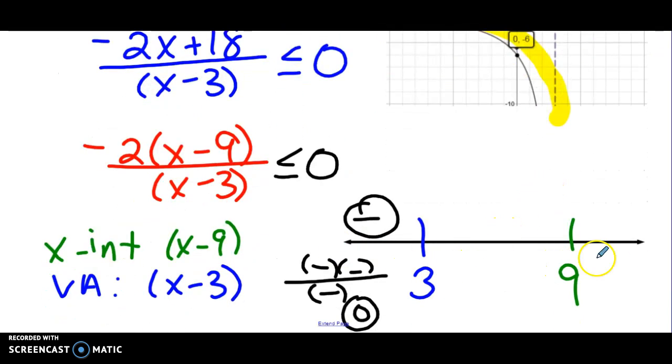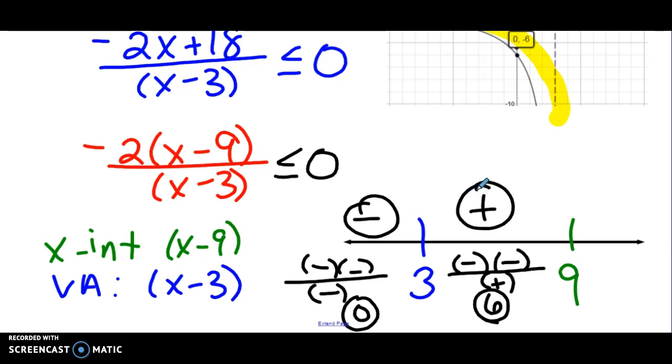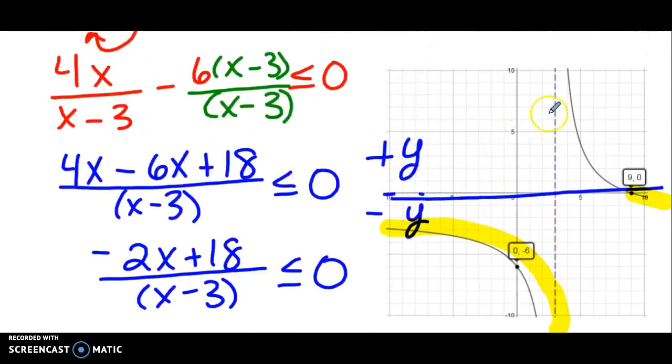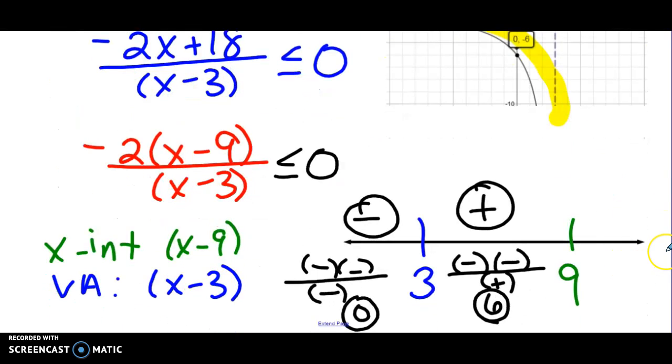If we plug in something between 3 and 9, like 6, we would get a negative for the negative 2. We would get a negative for 6 minus 9, and we would get a positive for 6 minus 3. So this gives us a net positive, which we see in this piece of the graph right there. Then we go bigger than 9, something like 10.